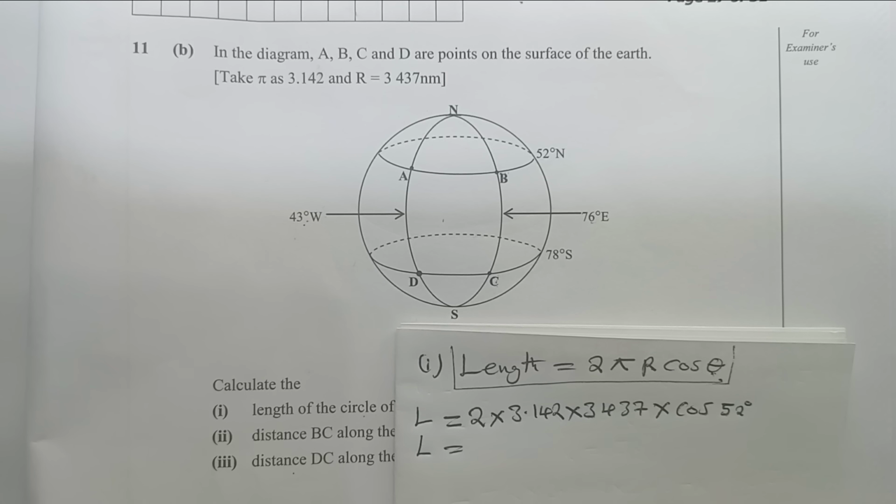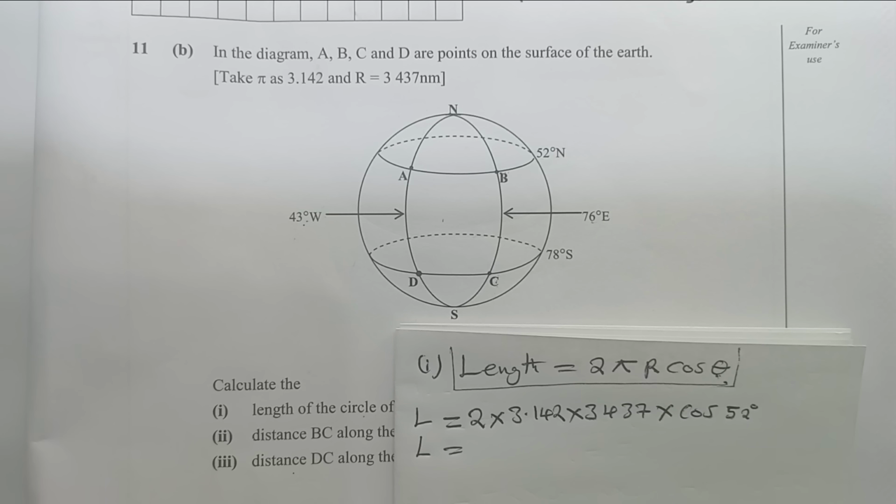So we continue. We can just get these numbers and multiply. Let me just do the calculations from my end. We have 2 multiply 3.142 by 3437.